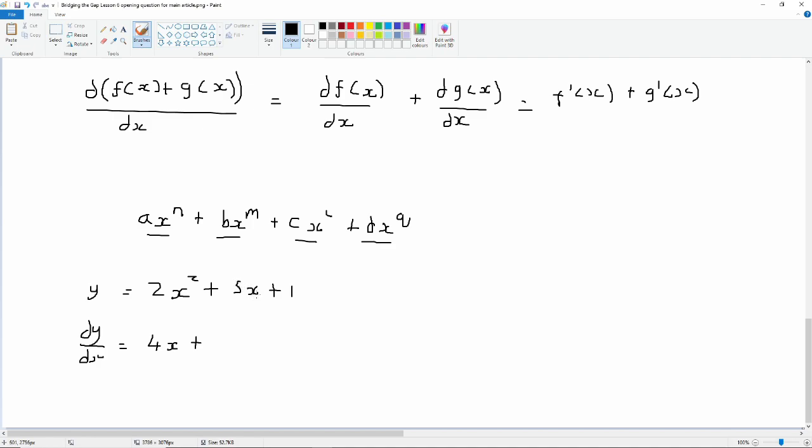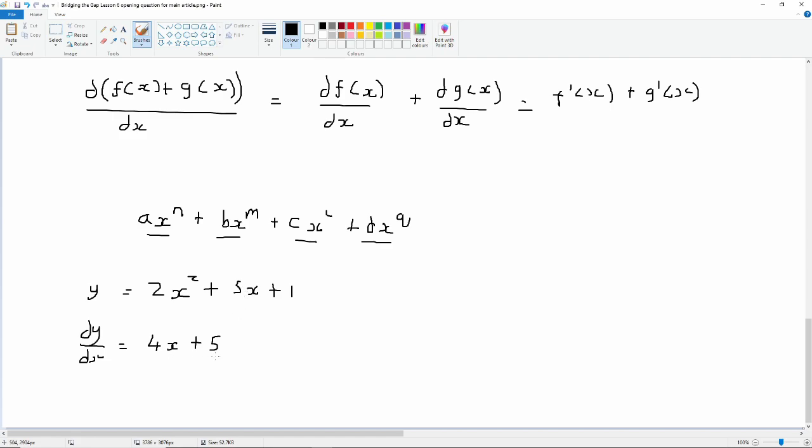Well, we remember that 5x is the same as 5x to the power 1, and 1 times 5 is 5, and then we reduce the power by 1, so x to the power 1 becomes x to the power 0, and anything to the power 0 is 1, provided x is not equal to 0, but even then we would find the limit, and so this will just be 1, and 1 times 5 is 5.